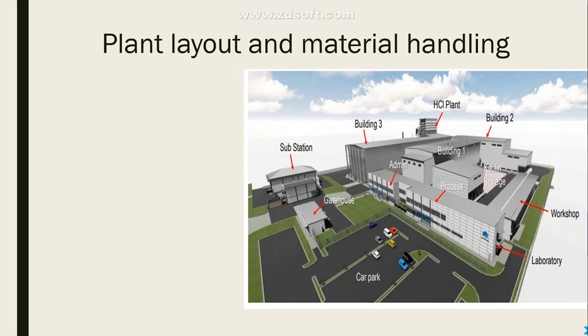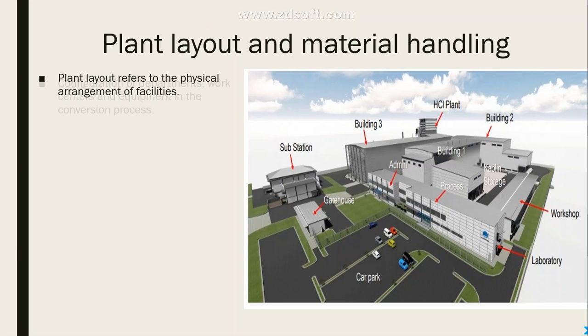You have a section given for a laboratory, and a section for a workshop. So it's a physical arrangement of your facilities in your layout. You need to have a proper arrangement of the different departments in your plant. The plant is nothing but the area of your building.